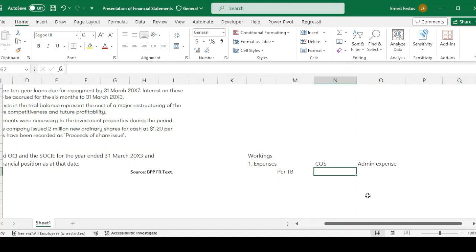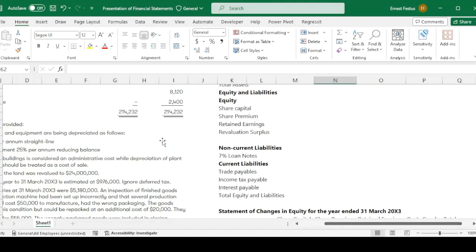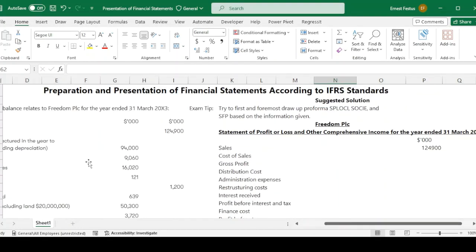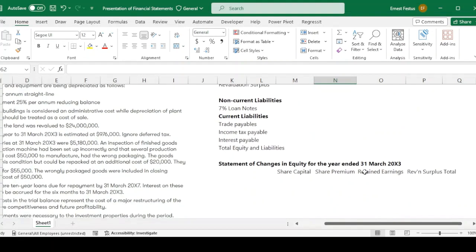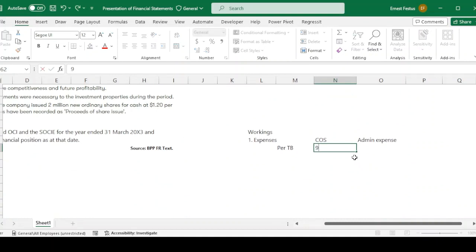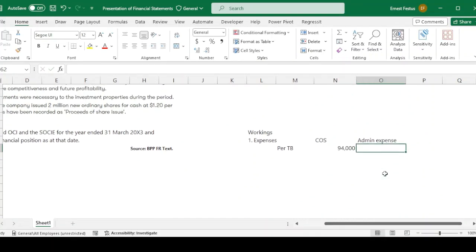And what is the cost of sales figure per the trial balance? That is the cost of goods manufactured, and that is what we have as 94,000. So I'll come here and write 94,000. And then my administrative cost is 16,020.